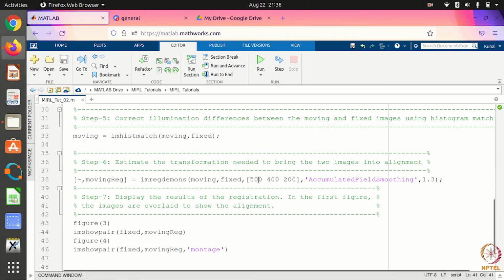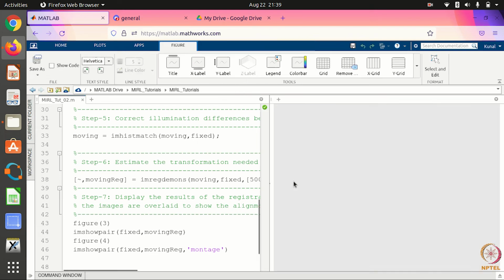In this example, the number of iterations is fixed to 500, and the parameter related to weight computation is taken to be 1.3. Please refer to the lecture and the paper for details. When we run this algorithm, we get the following results.